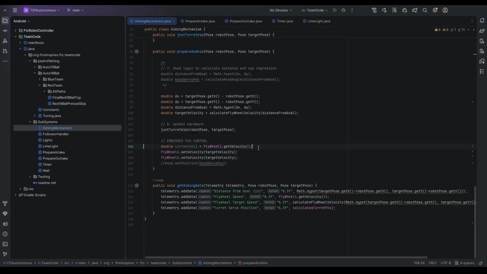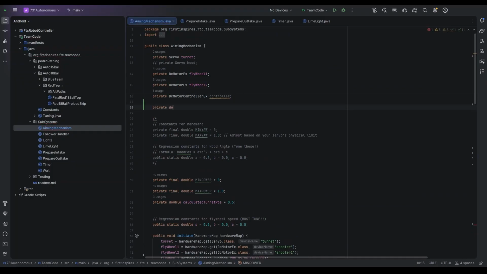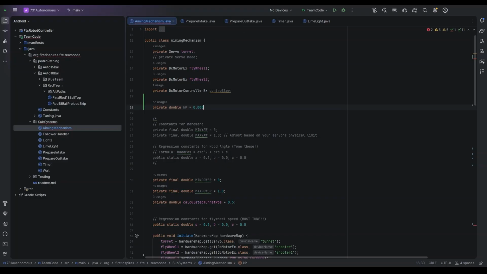So instead, I'm going to remove this. I'm going to leave it blank for now. And I'm going to include a second constant that we will call private double KP, which is our KP constant, and we just give it a very small number like 0.0001.